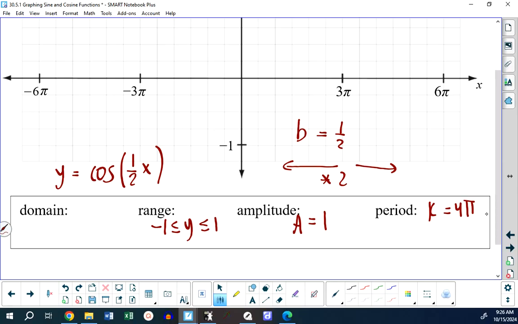Or that's the period. If I multiply the top and the bottom of this by 2 to get rid of that pesky 2 in the denominator of the denominator, the bottom will become 1 and the top will become 4 pi. The domain, of course, is x is any real number.